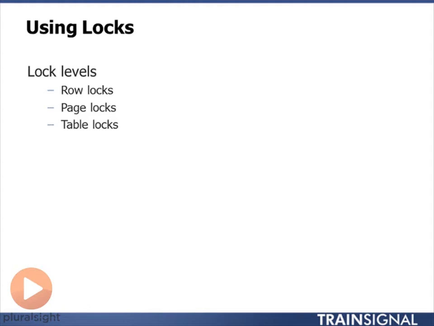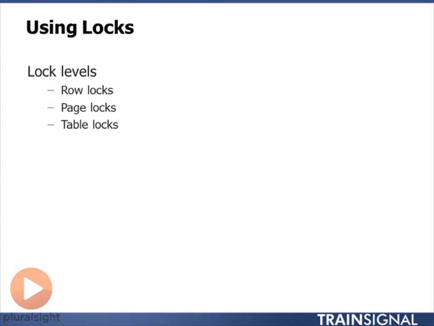As a result, locks can actually be maintained at a few different levels, and I've highlighted 3 right here. Row locks, which is going to be a lock at a row level, what's known as a page lock, and a page, for those of you that are not familiar, is an 8K block of data in which my rows are going to be stored.